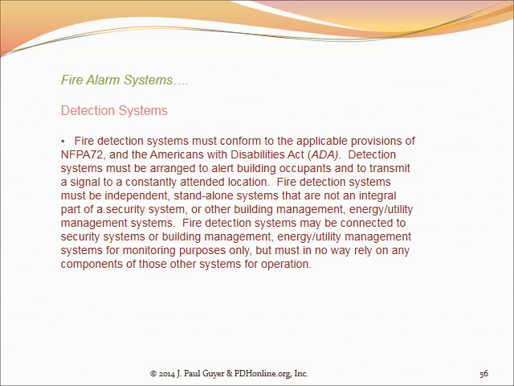The detection system needs to be arranged to inform the building occupants of the fire, to alert them to the need to vacate the building, and then also to transmit a signal, typically to the fire department.